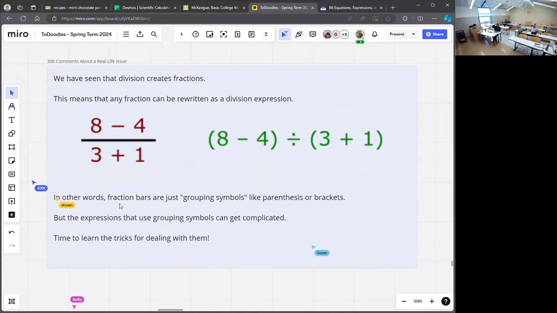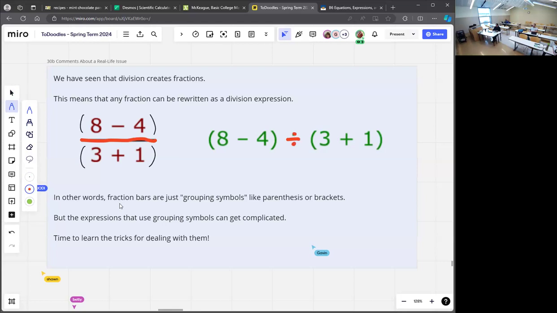Okay, we've seen that division creates fractions. This means that if you give me any fraction, I can rewrite it as division. I just have to take the top and bottom and put parentheses around them. And then instead of the fraction bar, I make a division symbol.